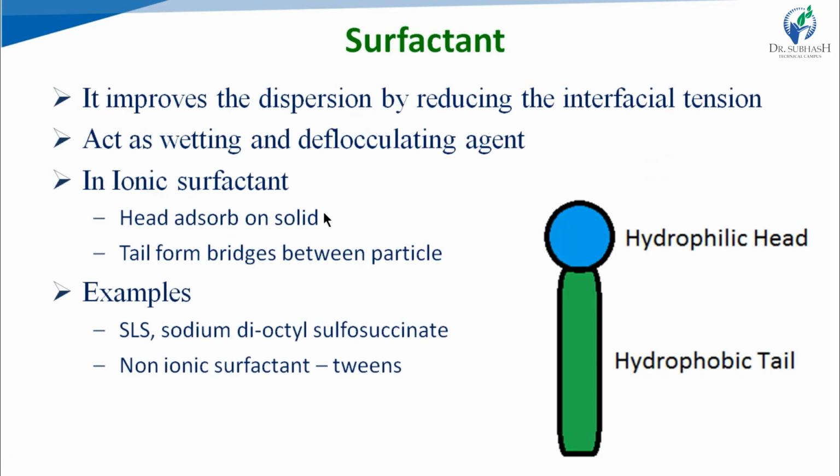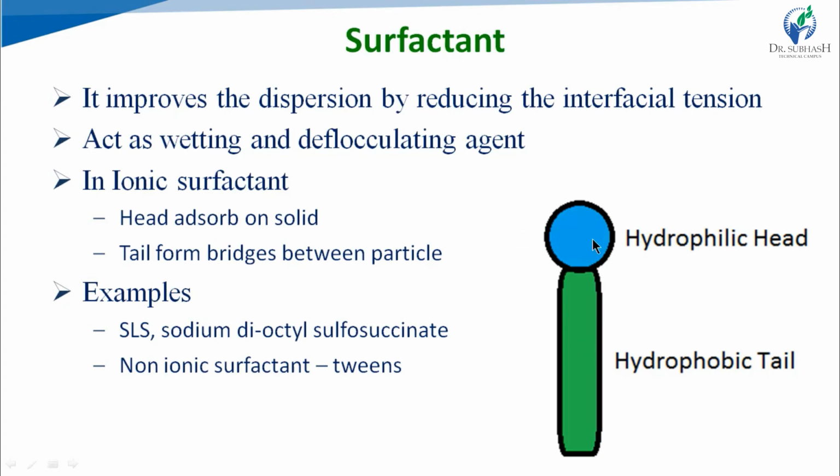Surfactant improves the dispersion by reducing the interfacial tension. Again we are discussing this thing. It can act as a wetting agent and also as a deflocculating agent. For example, if we are using an ionic surfactant, it will have a hydrophilic head and a hydrophobic tail.